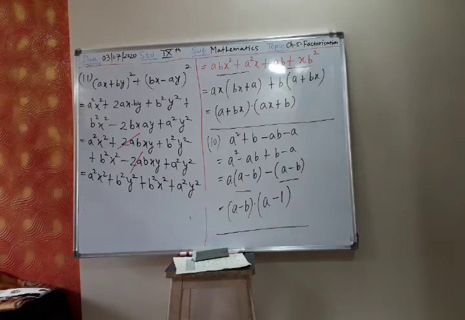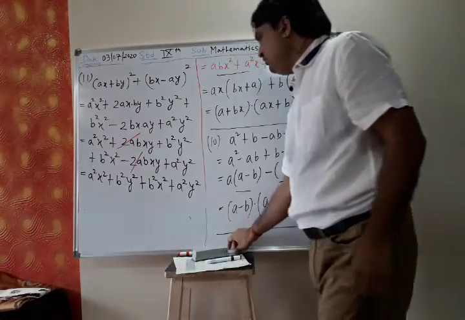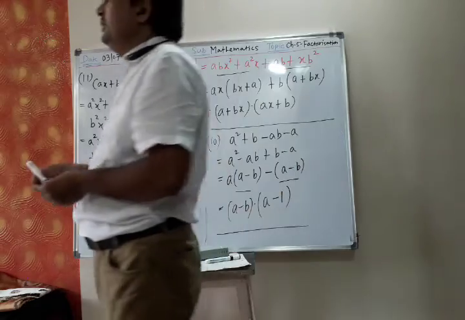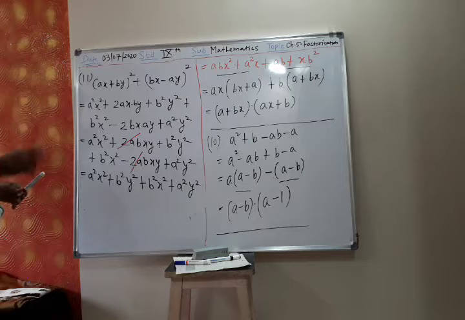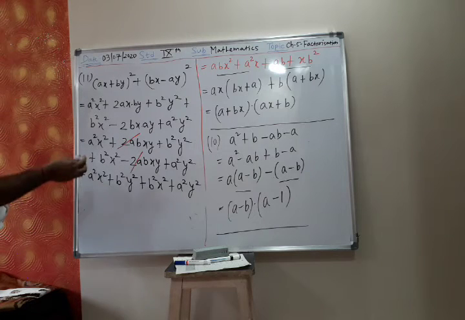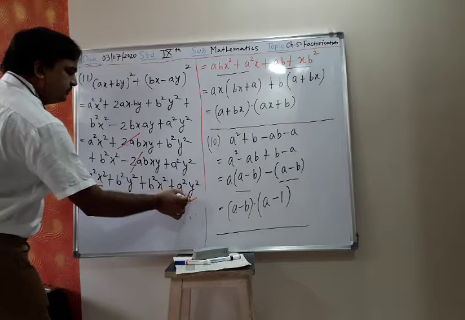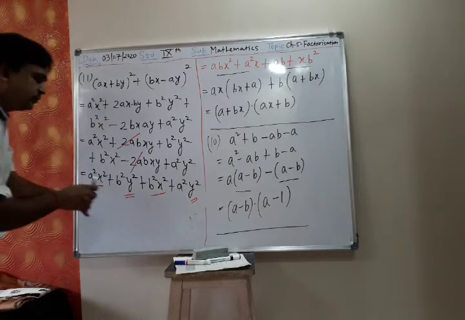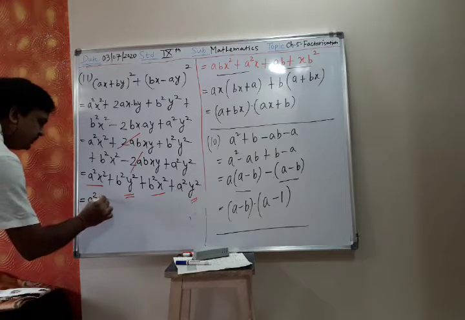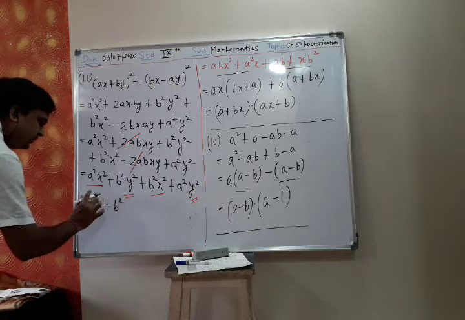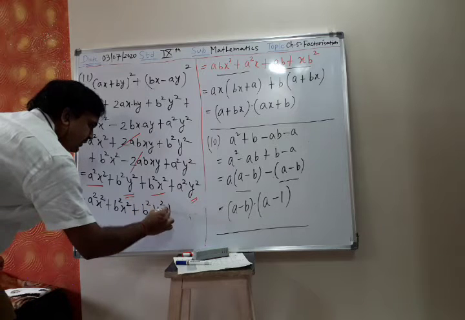Now, what will you do? Now apply the grouping method. Yes, you can apply first and third, second and fourth, no problem. So a square x square plus b square x square, plus b square y square plus a square y square.